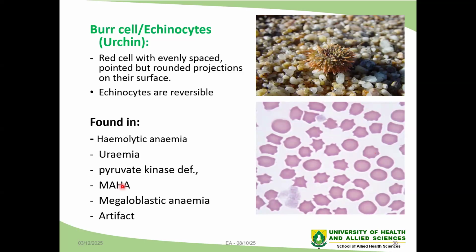People with megaloblastic anemia may also present with echinocytes. Echinocytes are also referred to as burr cells, so either you say echinocytes or you report burr cells. And it can also be purely an artifact.